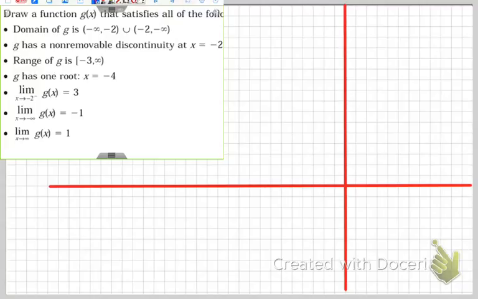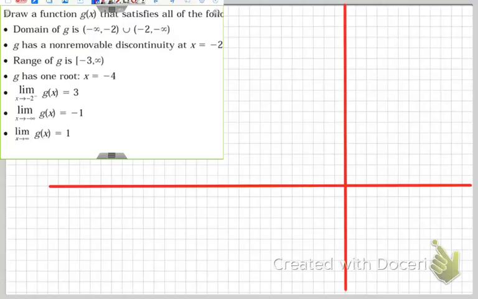At negative 2, there's something missing, right? It's not even defined at negative 2. So there's no points at negative 2. So it says g has a non-removable discontinuity at x equals negative 2. So that means that it's either a jump or it's unbounded. Okay, so it's not just some point that's missing.